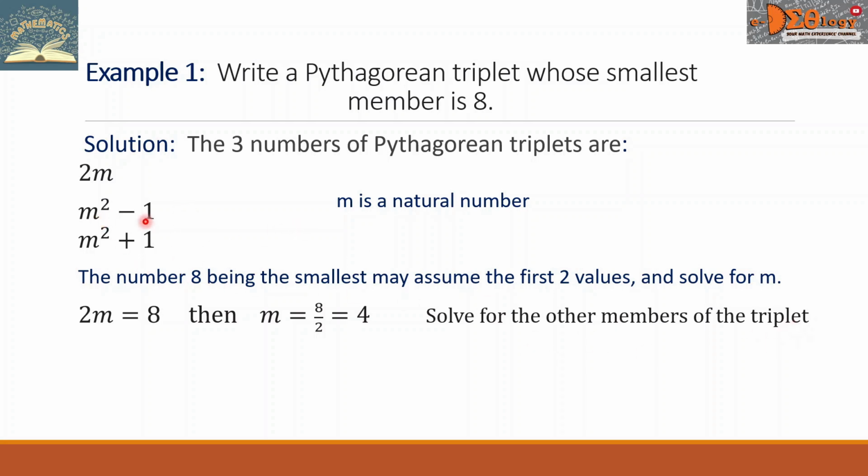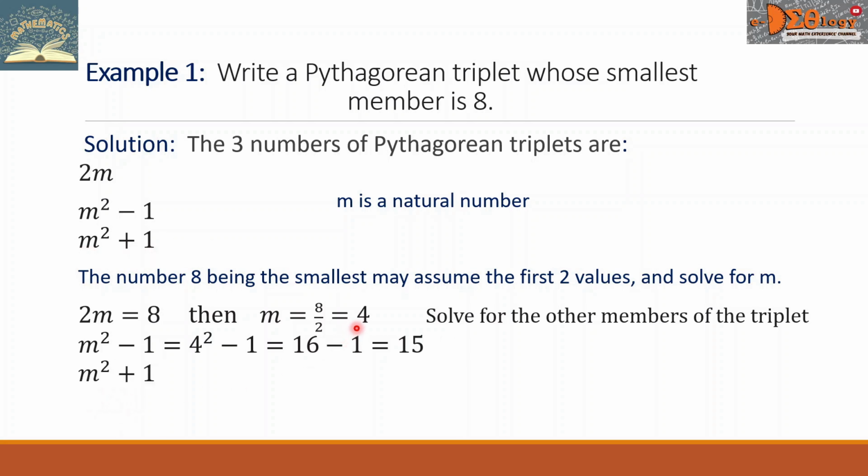We can use this value now to solve for the other members of the triplet. Let's begin with m square minus 1. We substitute the number 4 for m, so this becomes 4 square minus 1. 4 square is 16, then minus 1, and the answer is 15. This is the second member of the triplet. What about m square plus 1?